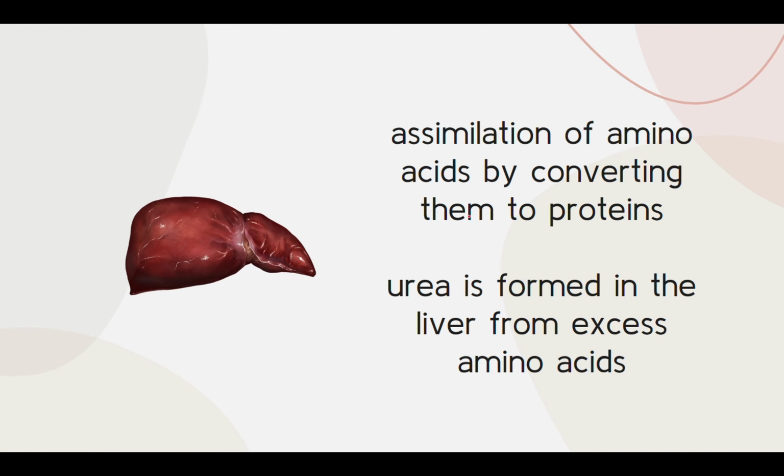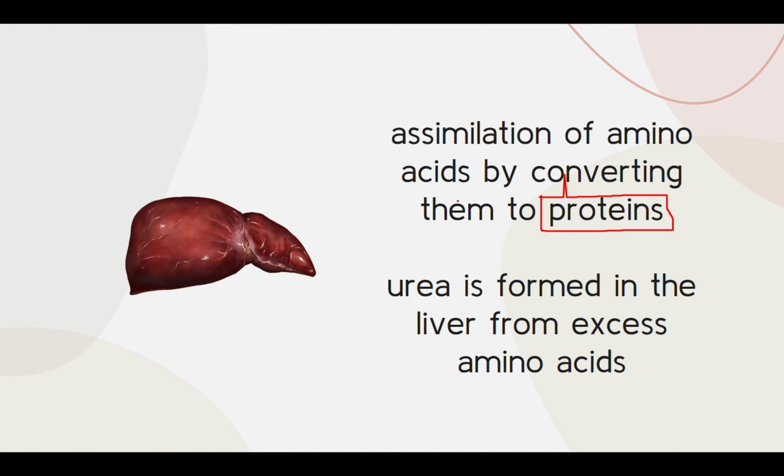We're going to talk about deamination later on, but right now, assimilation of amino acids is converting them into protein, the larger unit, where several amino acids combine so we can have protein.